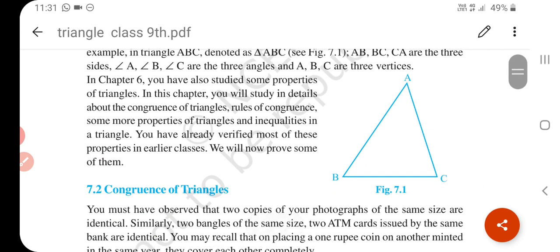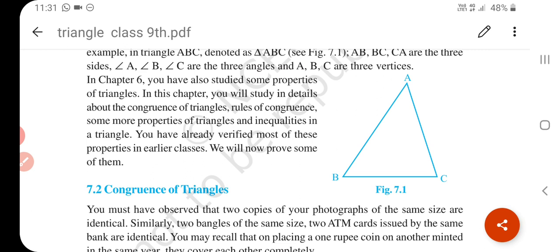This type of figure is called a triangle, and we know many types of triangle. In total, we know 6 types of triangle according to sides and according to their angles. Now in this figure ABC, the line segments AB, BC and CA are called its sides.